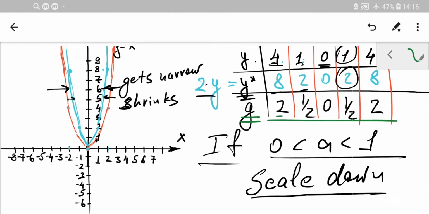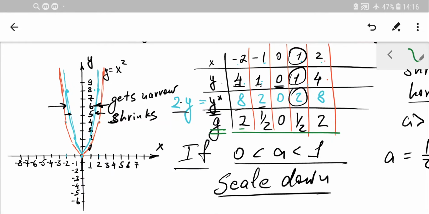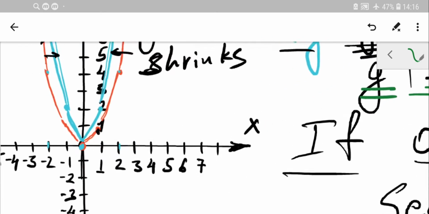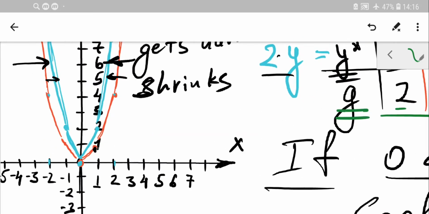So instead of the values of the previous function 1 and 4, we'll get 1 over 2, so 2 times less, and instead of 4 we'll get 2. So for x equals 1, instead of 1 we'll have 1 over 2, it's here, and when x is 2, instead of 4 we'll simply get 2.